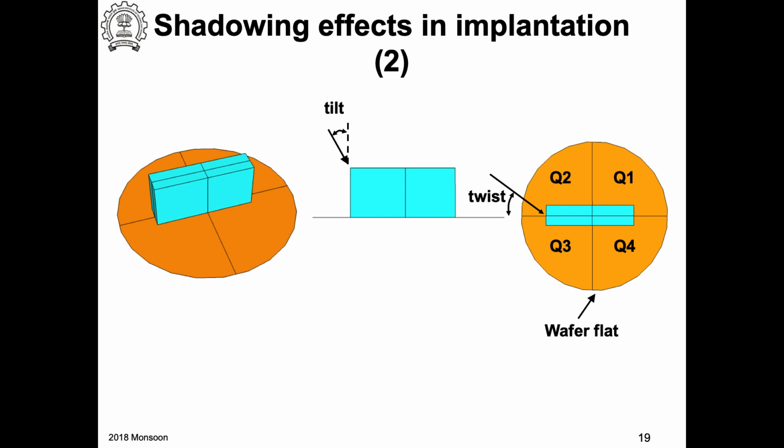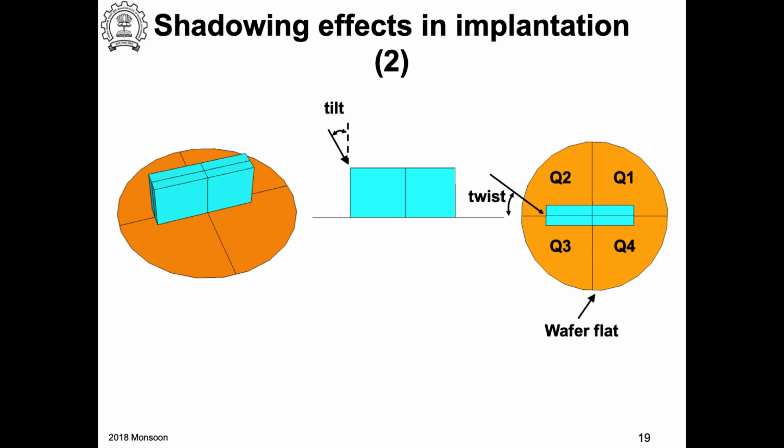So I have a twist like this, and this part of the fin would get implanted. What about this side? I am implanted from this side. What about this side? Then I need to rotate this wafer and implant it from this side.